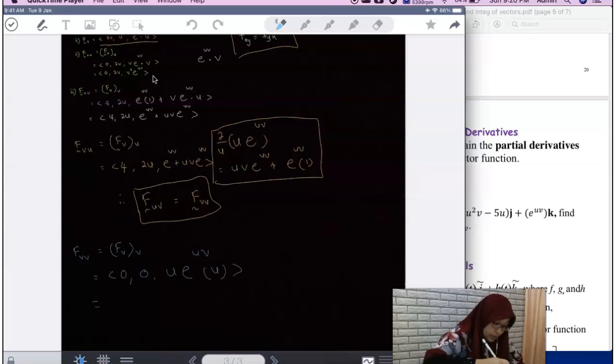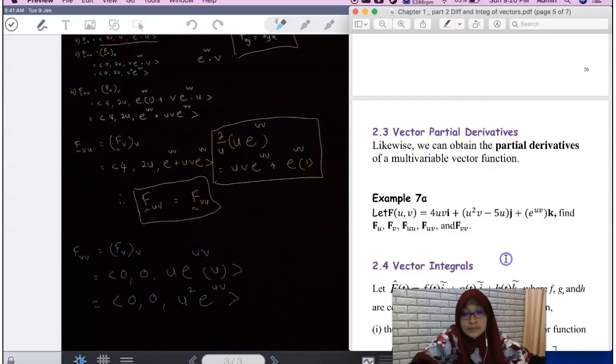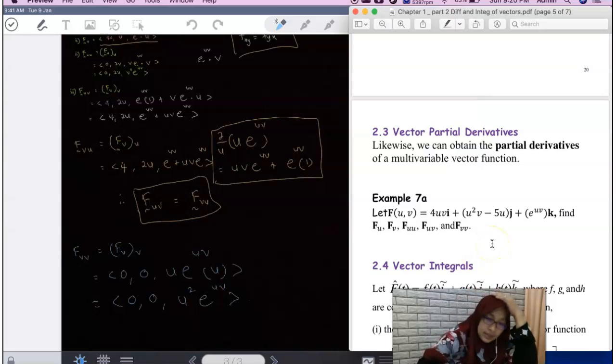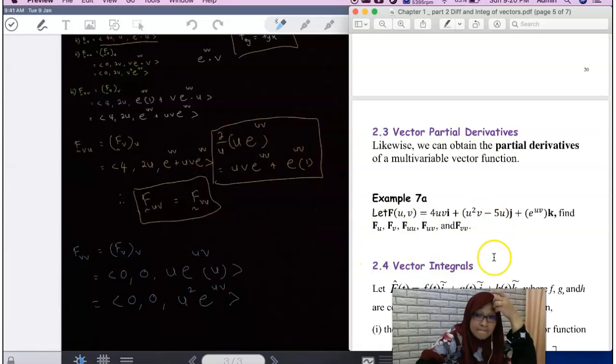So you obtain that the second order with respect to v is 0, 0, u squared e^(uv). Okay, if I did something wrong, please let me know so that I can correct it.